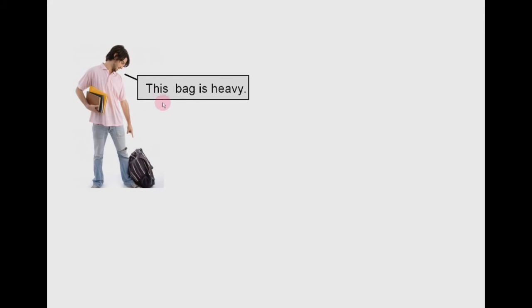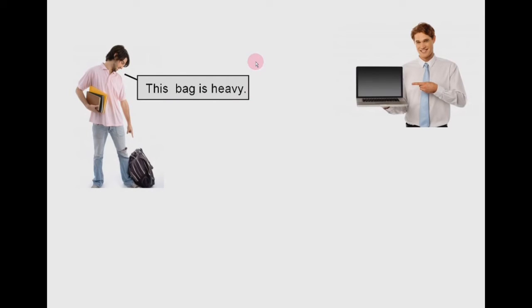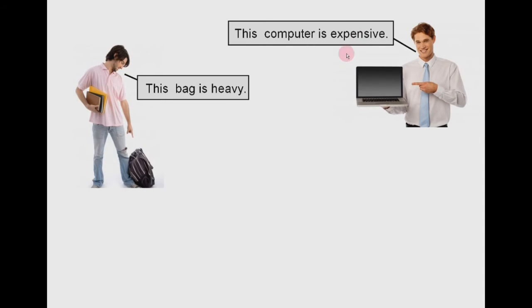Now the man is saying, this bag is heavy. And this man is saying, this computer is expensive. So now it is slightly different. We are using the word this, but we also have a noun.